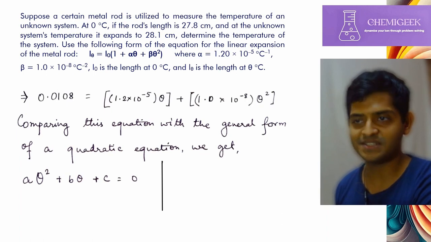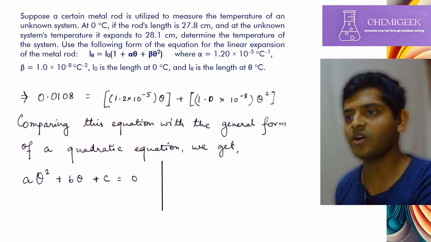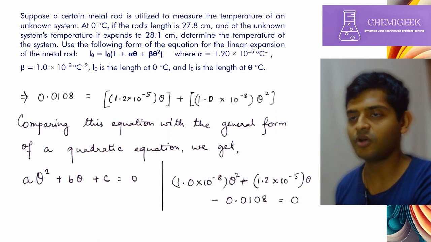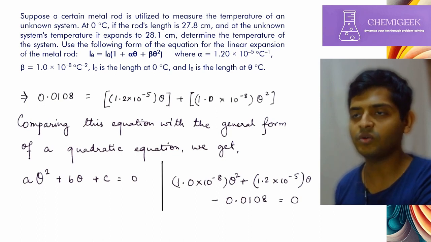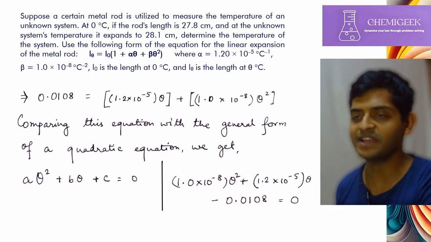And if we compare this with the equation given above, we are going to take this 0.0108 to the other side of the equation, and that turns out to be minus 0.0108 on the right hand side. The right hand side has been written on the left hand side, and the left hand side, that is 0, has been written as the right hand side.